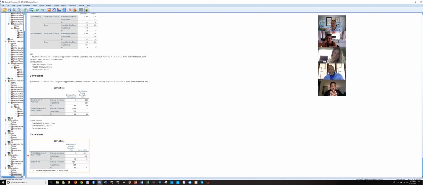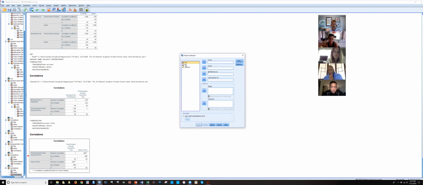So we could graph it too to see the actual line. Well, the graph wouldn't make any sense in this situation. It wouldn't look very good because one variable is binary. But we can do it, just for giggles, to see what it looks like. I'll do a simple scatter, putting film on the x-axis and arousal on the y.